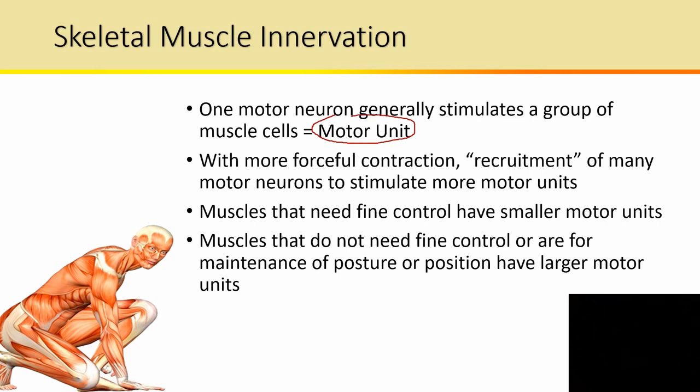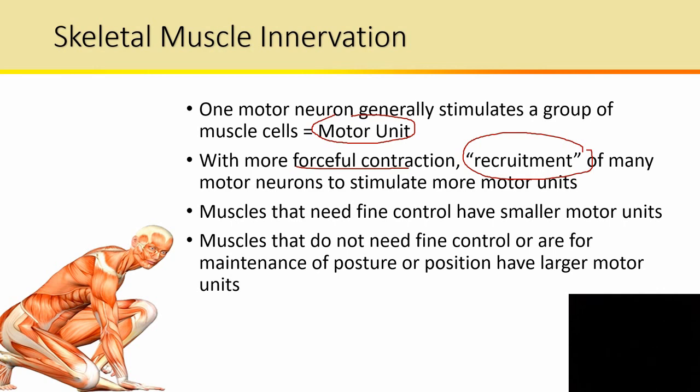Again, sometimes you only have to exert a little bit of force, sometimes you have to exert a lot of force. A forceful contraction is what we call recruitment. Recruitment simply means the more motor units that are stimulated, the stronger the contraction force is going to be. So this is important.